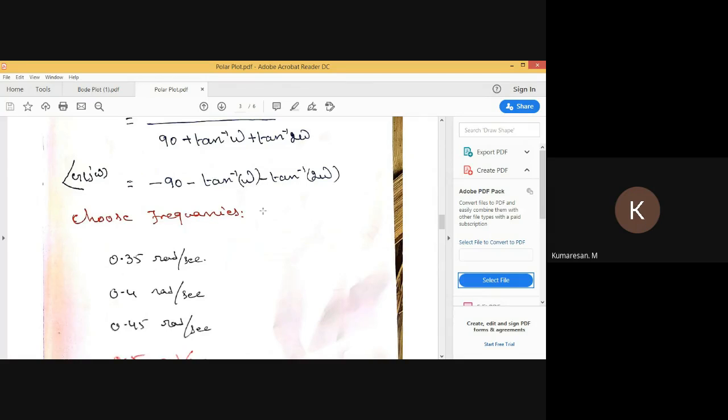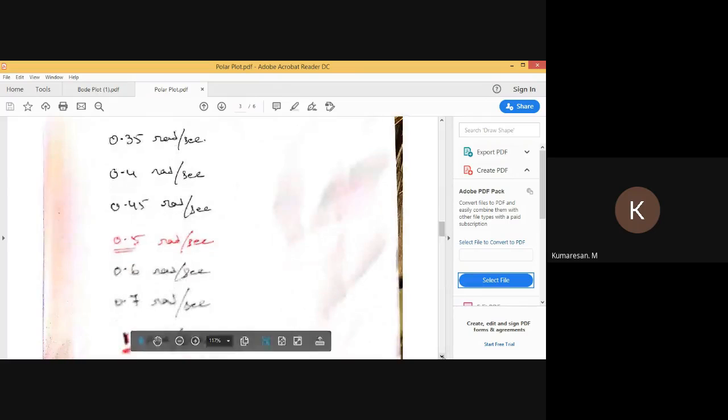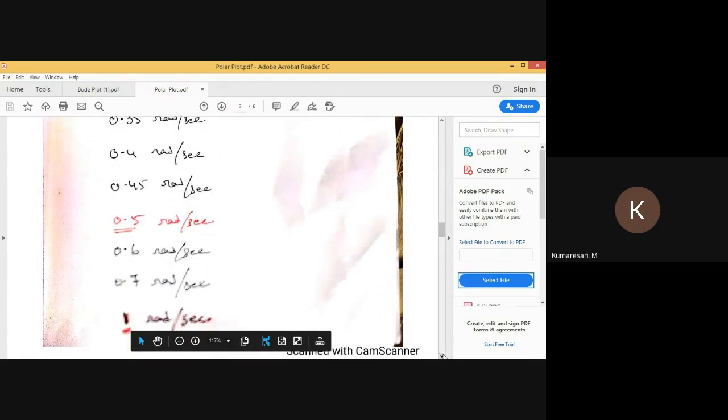So now we move to choosing the different frequencies. What are the frequencies we have taken? 0.35, 0.4, 0.45, 0.5, 0.6, 0.7 and 1. Here I marked 0.5 and 1 in red. They are the corner frequencies we found from the given transfer function.